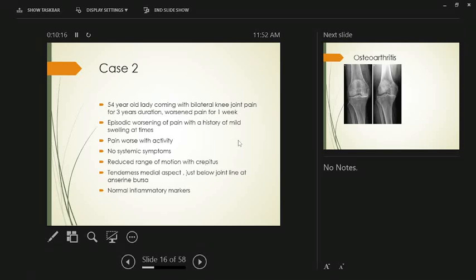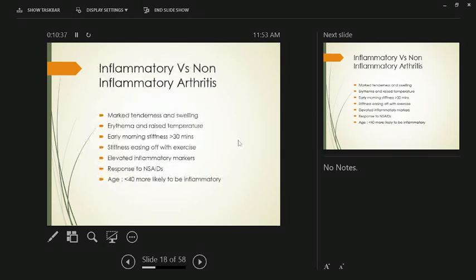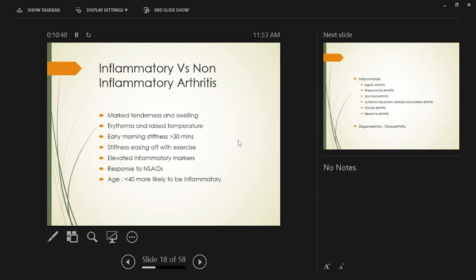On examination, there is reduced range of motion with crepitus, and tenderness at the medial aspect just below the joint line at the site of the anserine bursa. Her inflammatory markers are normal. So this is predominantly a non-inflammatory type of pain. This is osteoarthritis. If you look at the X-rays, it will show changes; this is the X-ray of an advanced osteoarthritis.